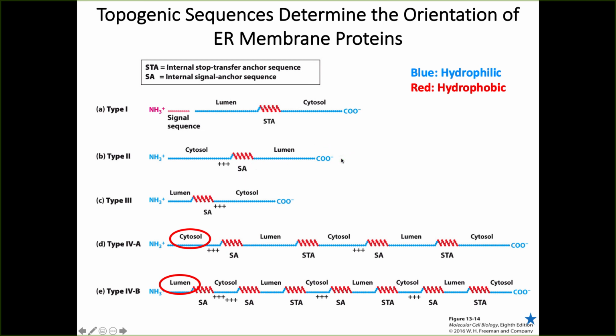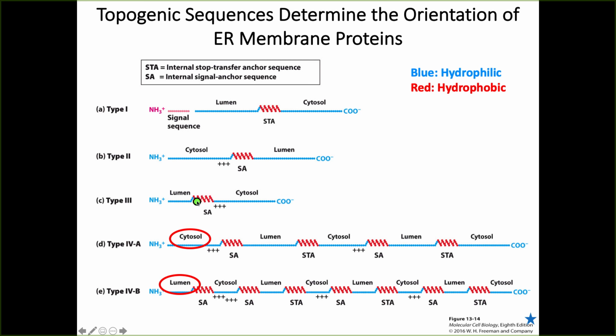In type 3, what's happening here is the same way: this is also going to get synthesized into the cytosol. There is no N-terminal sequence, so SRP is not involved here either. It's going to get this signal anchor sequence, and here the SRP is involved, bringing this to the translocon.